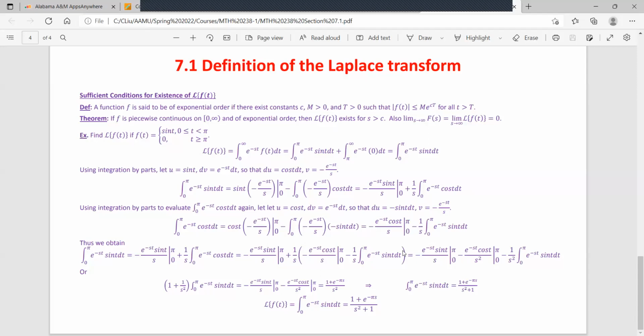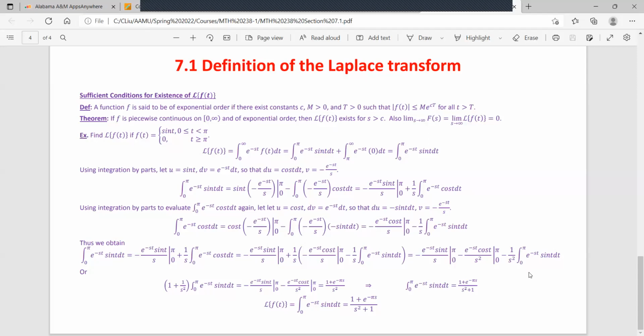And the third term becomes negative 1 over s squared times the integral of e to the negative st sine t from 0 to pi. So now we have the integral of e to the negative st sine t from 0 to pi on both sides that we can combine. And that's what we need to find actually.